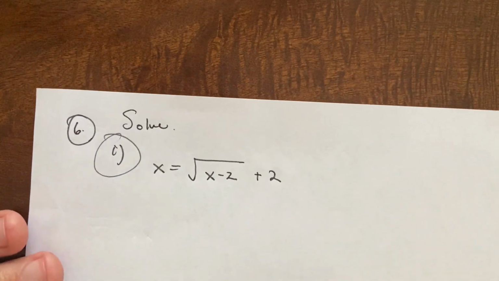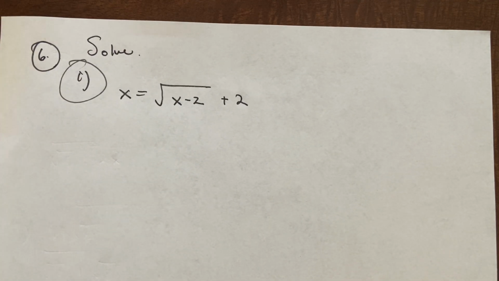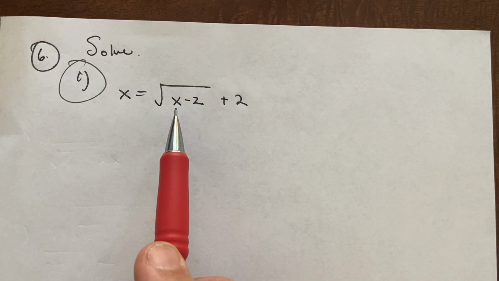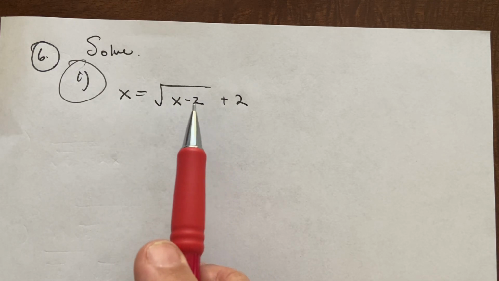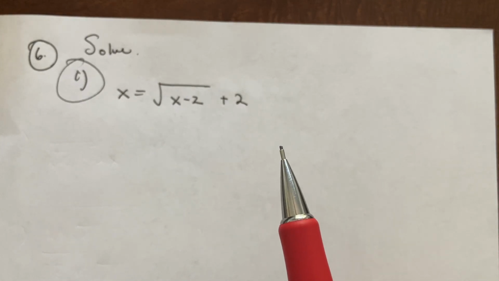So number 6 part 1, basically with all these you want to isolate the root. This is a square root. So I want to get this square root alone. What I'm going to do is, after that's alone, I'm going to square both sides to eliminate that root.